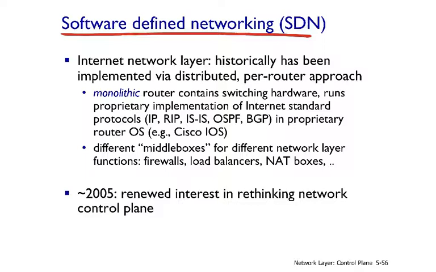But since more or less 2005, the Internet Engineering Task Force started to think about the possibility of changing these types of functionality. For example, why don't we change the distributed paradigm to a centralized one, where there is a logically centralized device with all the information in the network that can help to run the routing algorithm in an efficient way?